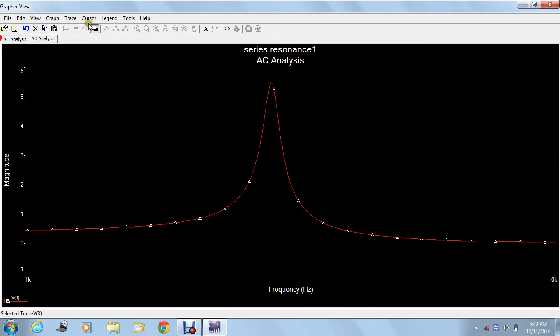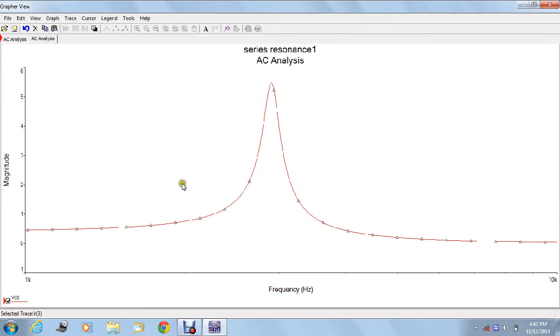So this is our series resonance graph. Change background first, and if you observe this graph, this is your FS 2.9. Calculate this FS. This is your homework.